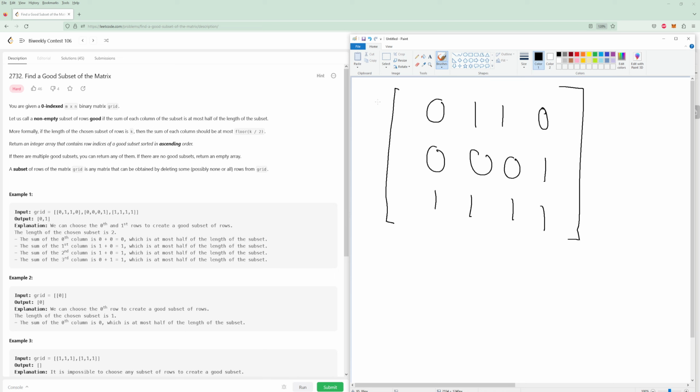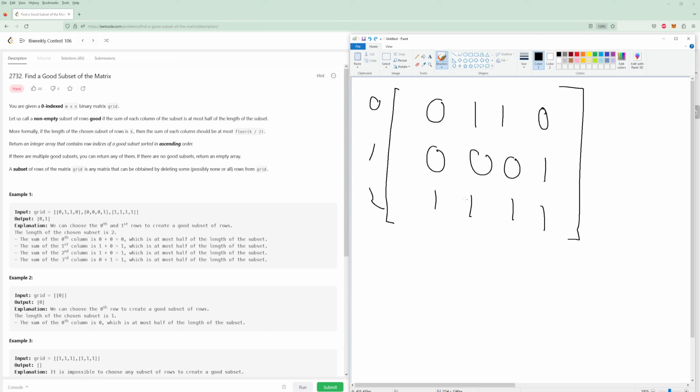So for example, if this is row 0, row 1, row 2, if we pick row 0 and row 1, then looking down the columns, this has 0 ones, this has 1, this has 1, and this has 1. So this is a valid solution because we have two rows. We need the number of ones in each column to be half or less. So half would be 1 or less.